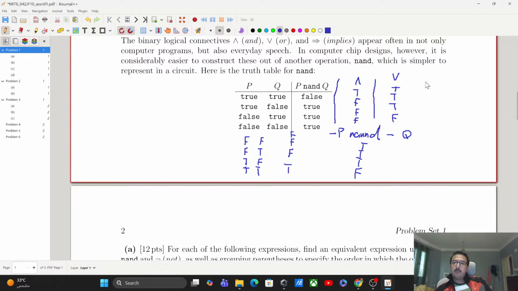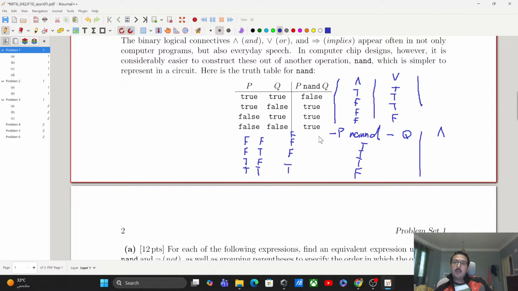And here, and equals, it's already there.